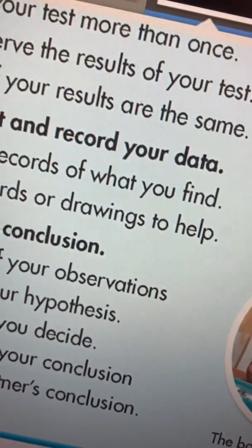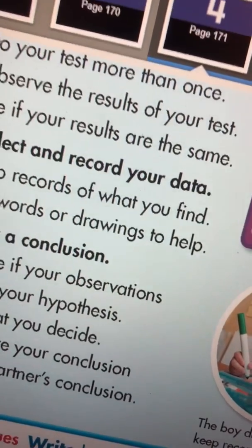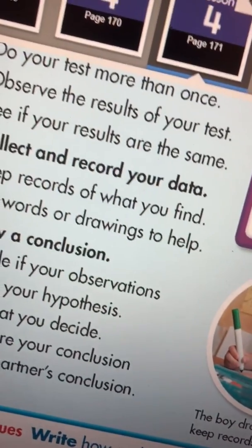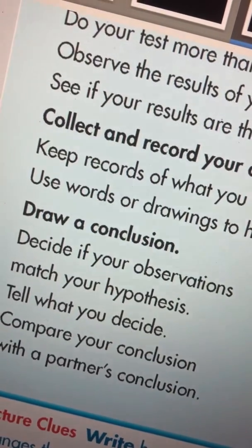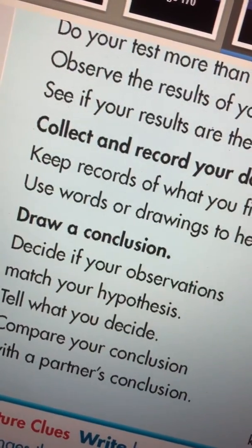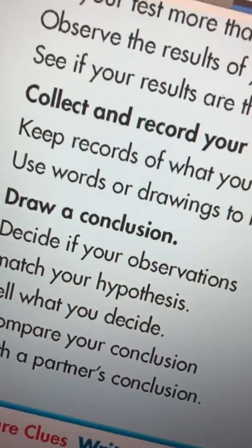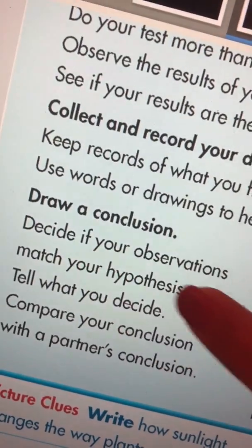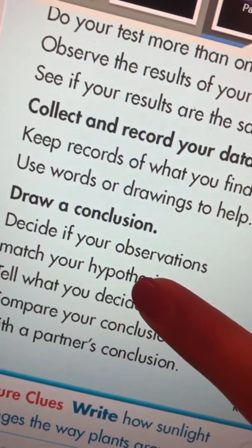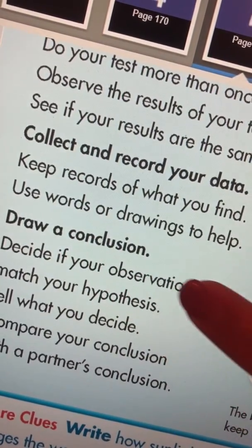So you will decide if what you observed from the test matches your hypothesis, your answer from before. Firstly, in the hypothesis you answered the question, and then you make some observation by making a test.